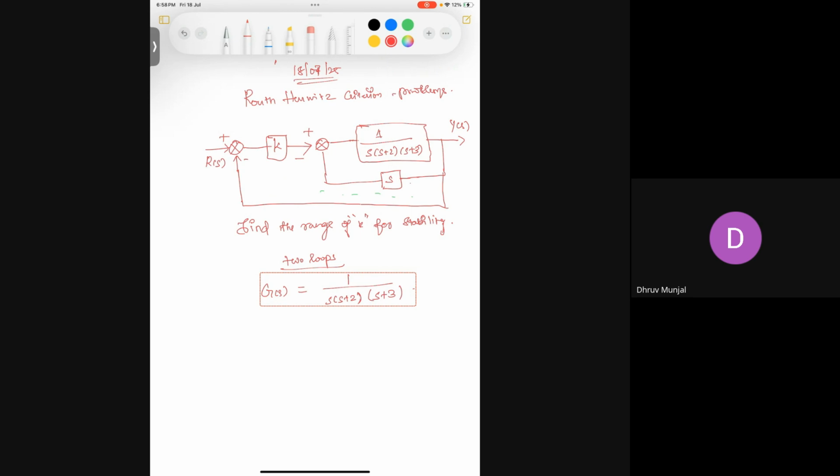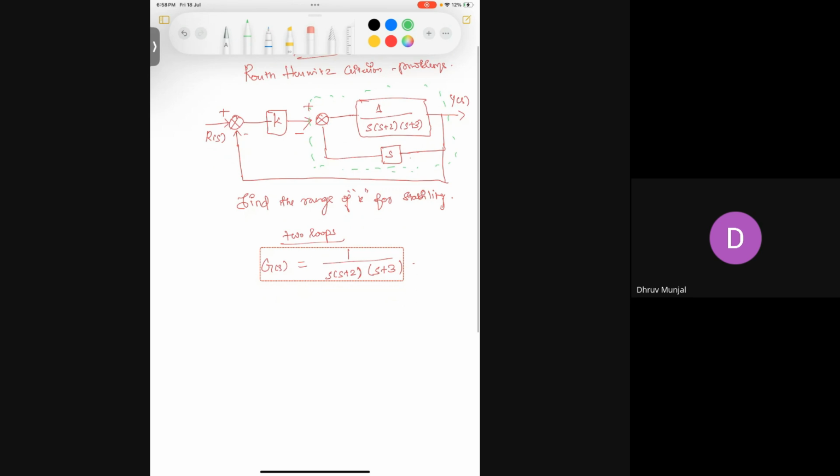Okay, good. Thanks. Now we are trying to close this loop first, then we are trying to close the outer loop. So for closing this loop, I'm taking it as g of s divided by 1 plus g of s into h dash of s. I'm calling this h dash of s. This is h of s.